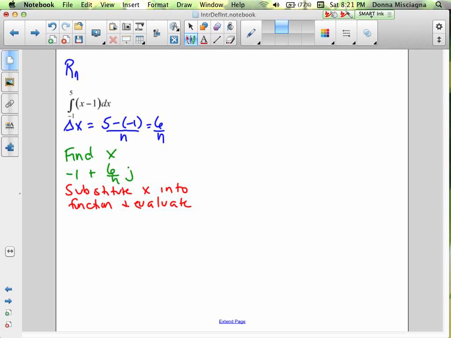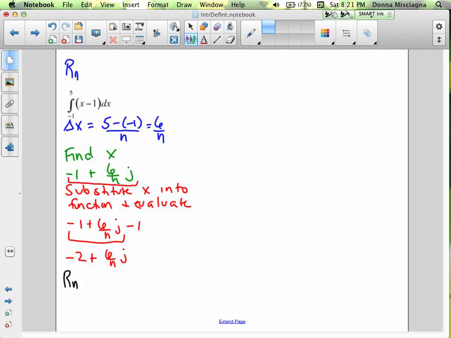So for x, we're going to plug in -1 plus 6 over n times j, and then -1, because all of this is x. So that would be -2 plus 6 over n times j.